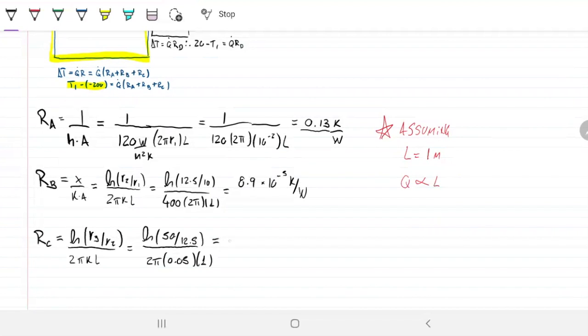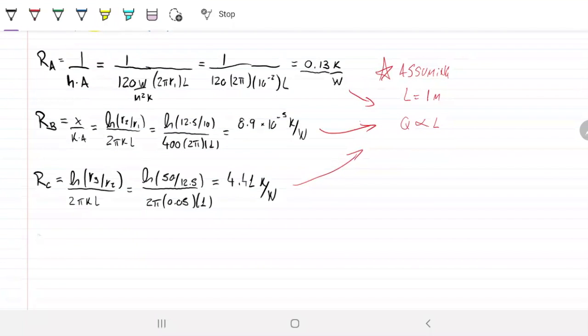And this guy turns out to be, what do I get, 4.41. Check out the difference between the two: 5 orders of magnitude. So indeed, like we would expect, the insulator has way more thermal resistance than the copper pipe does, right?